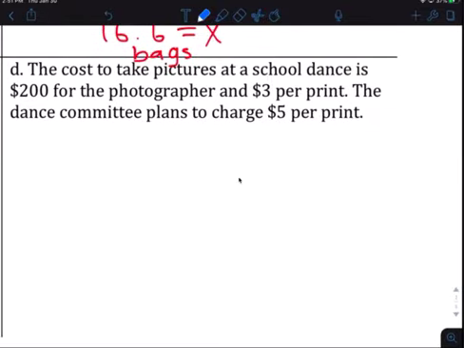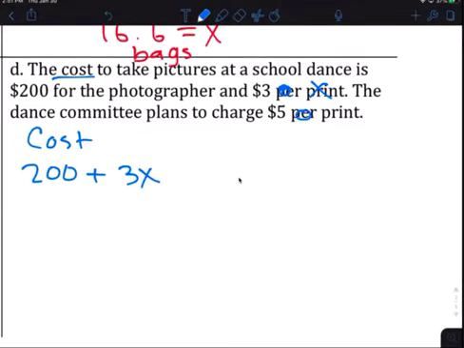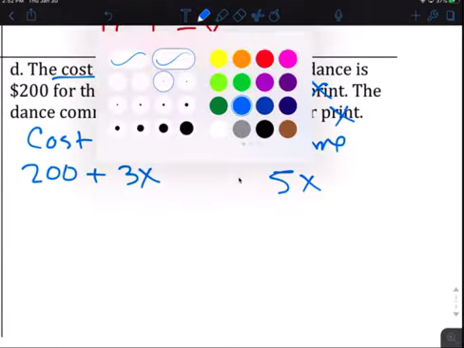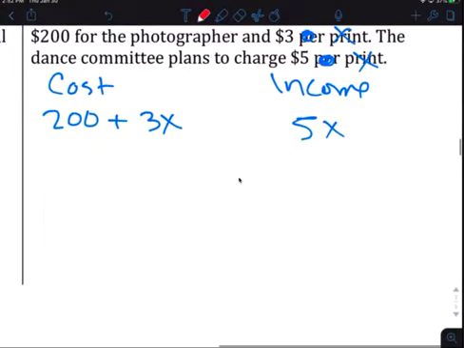Again, the school dance, this is a cost. Cost is $200 plus $3 per print, x per print. So $5 a print. So your committee plans to charge $5. So charge, they're making money. We call that income. 5x. Set it equal to each other. So you get 200 plus 3x equals 5x.